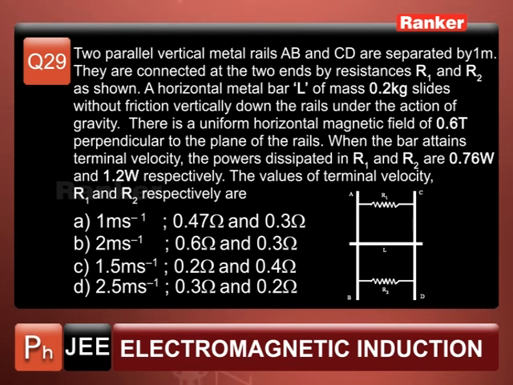They are connected at the two ends by resistances R1 and R2 as shown. A horizontal metal bar L of mass 0.2 kg slides without friction vertically down under the action of gravity.